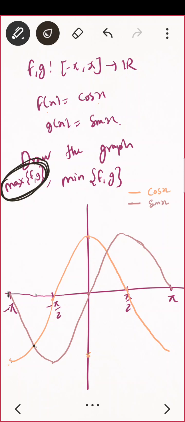Pratham Chaudhary, roll number 12. Can you tell me from this point to this point, which graph is maximum? Whether the sine graph is maximum or the cos graph is maximum? You should be sure. Definitely this one is maximum, right?